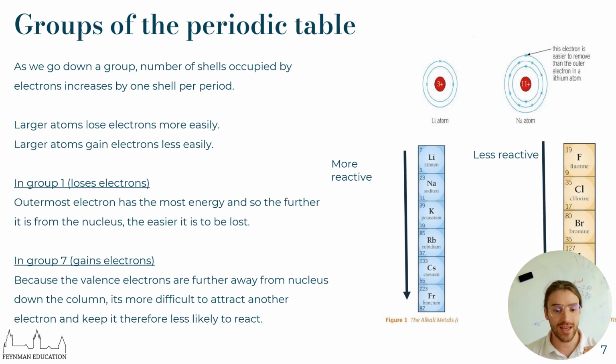Okay, now the opposite can be said for our opposite side of the periodic table in group 7, our halogens, okay, where they need to gain one electron, and the further down the group we go, okay, so as the periods increase, the number of shells is going to increase, and therefore it's going to become more stable and less reactive.